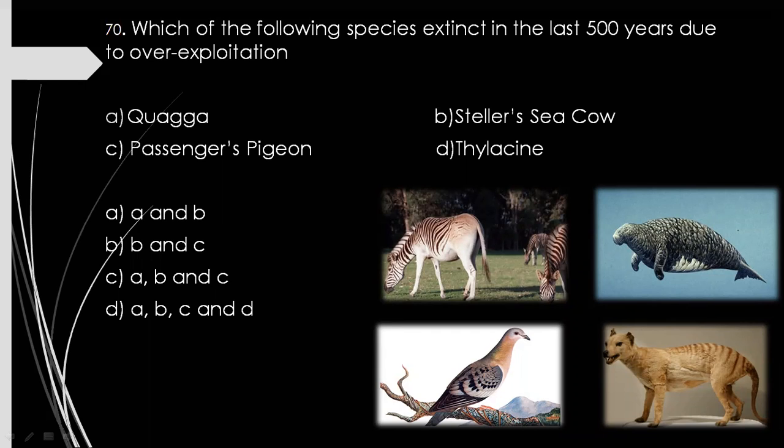Listen to me carefully. Quagga, Steller's sea cow of Russia, and thylacine have become extinct. Then the answer will be quagga, Steller's sea cow, and thylacine.